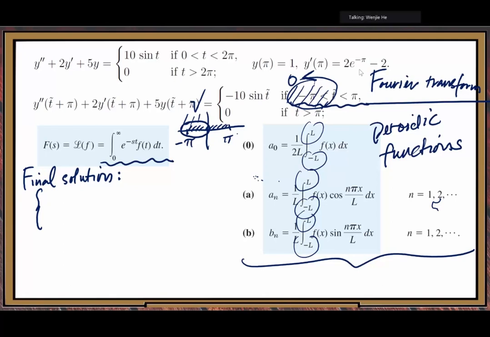You need to do another shifting operation, going back. When you do the shifting operation, this portion needs to be shifted, and that portion needs to be shifted back, all right?